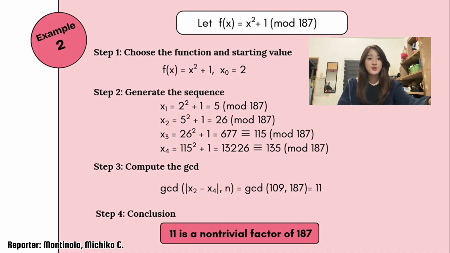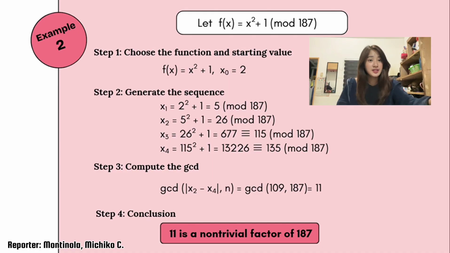Same process as we did in the last example. We will use the function and the starting value, and that will be equal to x sub 1 is equal to 2 squared plus 1 is equal to 5 modulo 187. X sub 2 is equal to 5 squared plus 1 is equal to 26 modulo 187.